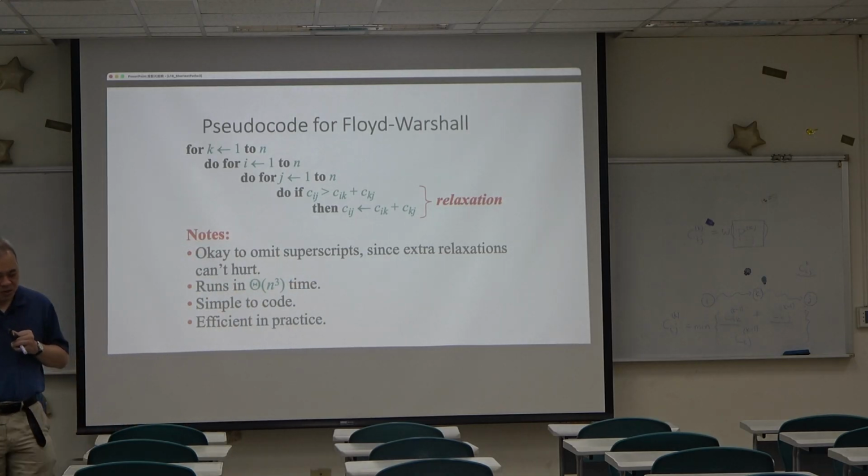Because we have a very simple 3-level nested loop, and each level runs from 1 to n, obviously the time complexity is n cubed. So coding is simple, and it is efficient in practice.